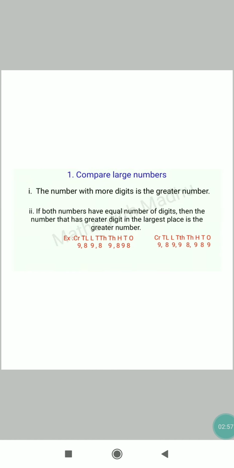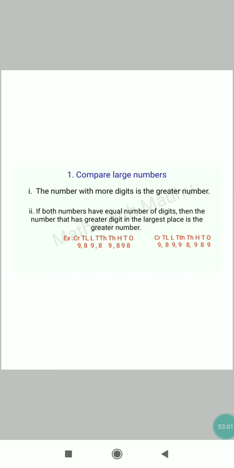One is having more digits, the other is having fewer digits. So how will we do the comparison? It's easy. The number which has more digits will become greater in comparison to the number which has fewer digits. In the same way, students, this one is clear.